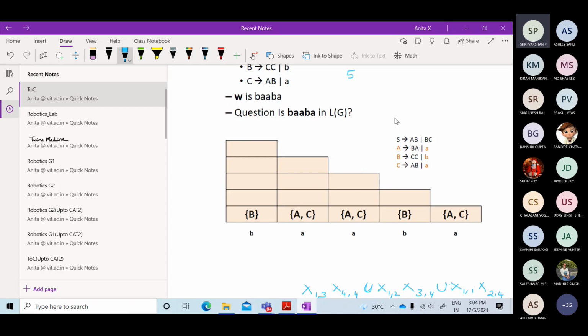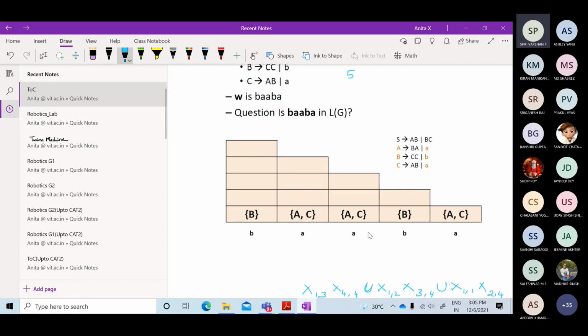Please make a note, this is my given grammar. For each and every block at the bottom I have to place the given string. What is the string? BA. I have 5 fields at the bottom, so corresponding to that I am going to place each character of the string.